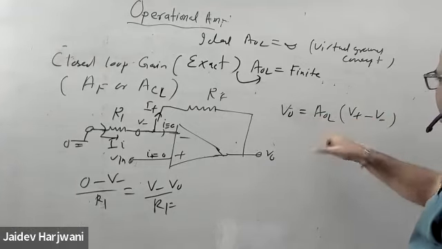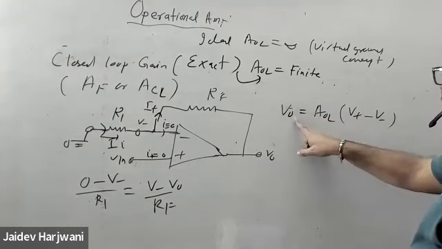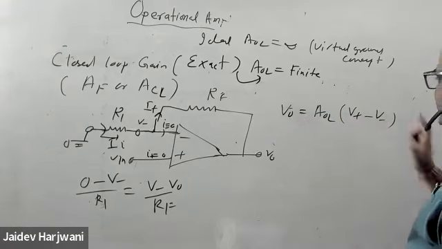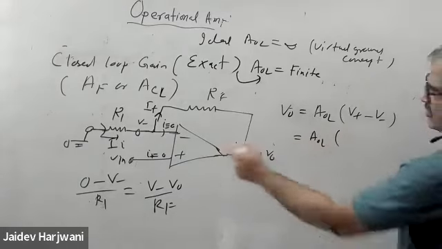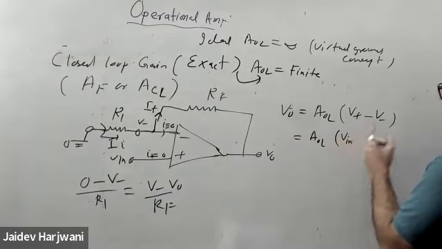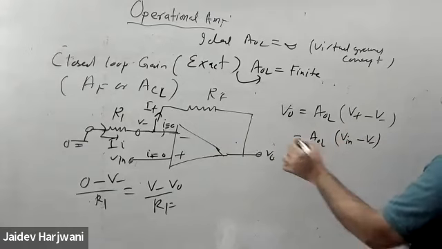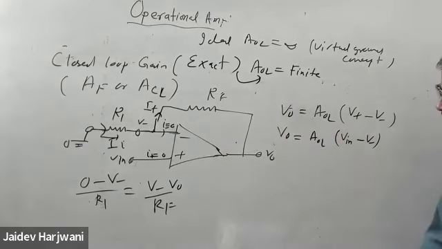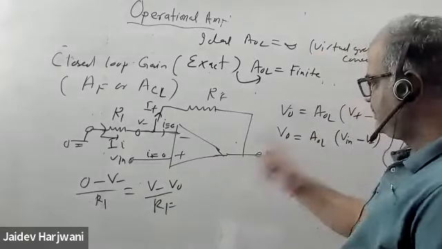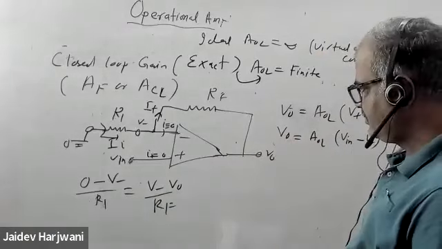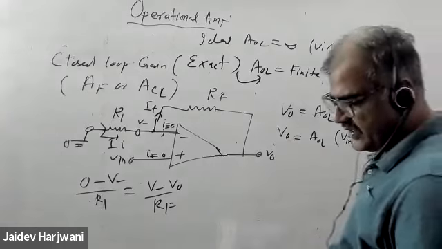Now in this particular case, I'm taking V naught equal to AOL times V plus minus V minus. And AOL, V plus, I know this is the V input, and V minus is V minus. Now calculate the V minus from here and put it here. इस केस में आइडियल op-amp नहीं होगा फिर. इस केस में आइडियल op-amp नहीं है.